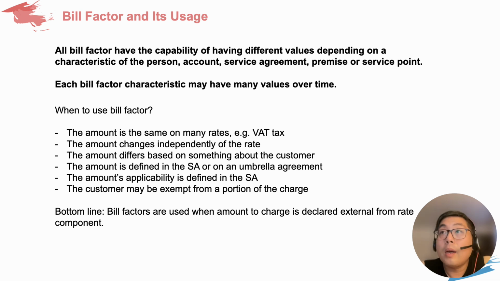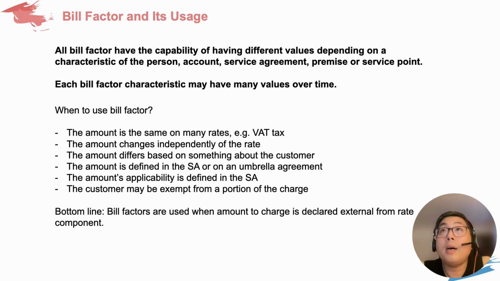Let's say. However, you can also define a bill factor for the VAT linked to a characteristic. Maybe this characteristic is the business type. So if business type, you can define the business type for residential is 5%, for commercial is 20%.